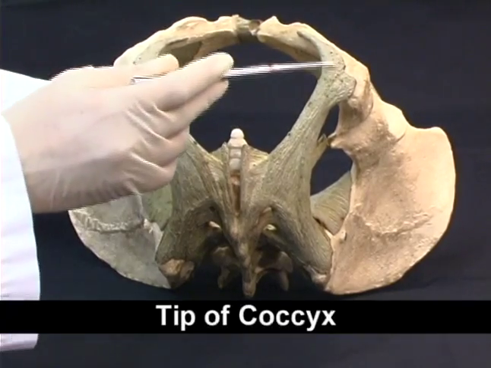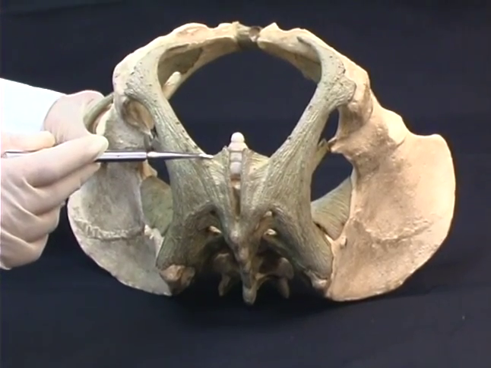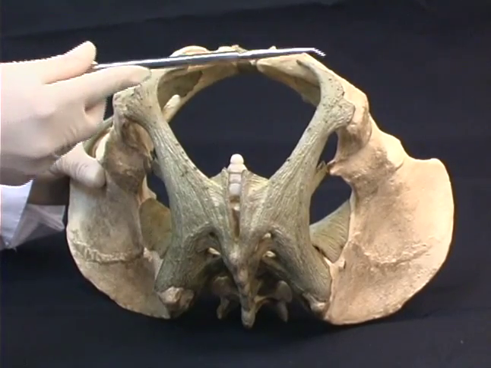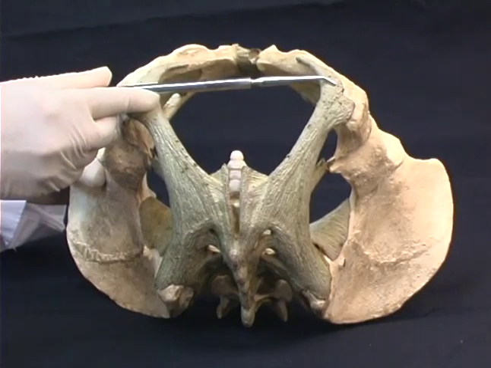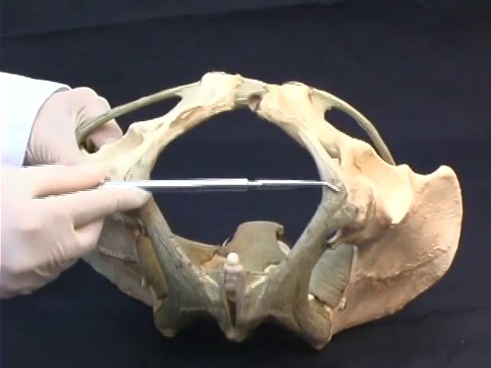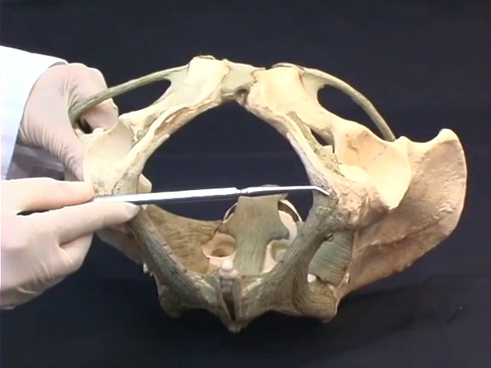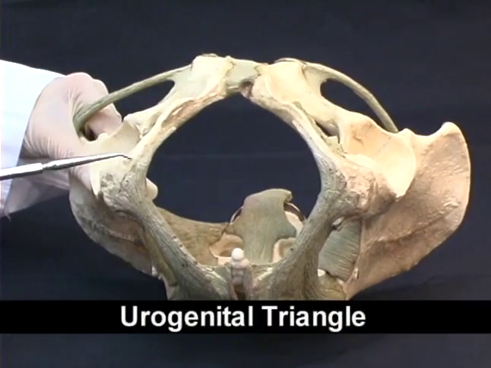This diamond-shaped area can be subdivided into two triangles by an imaginary line which passes through the two ischial tuberosities. The anterior triangle is called as urogenital triangle.